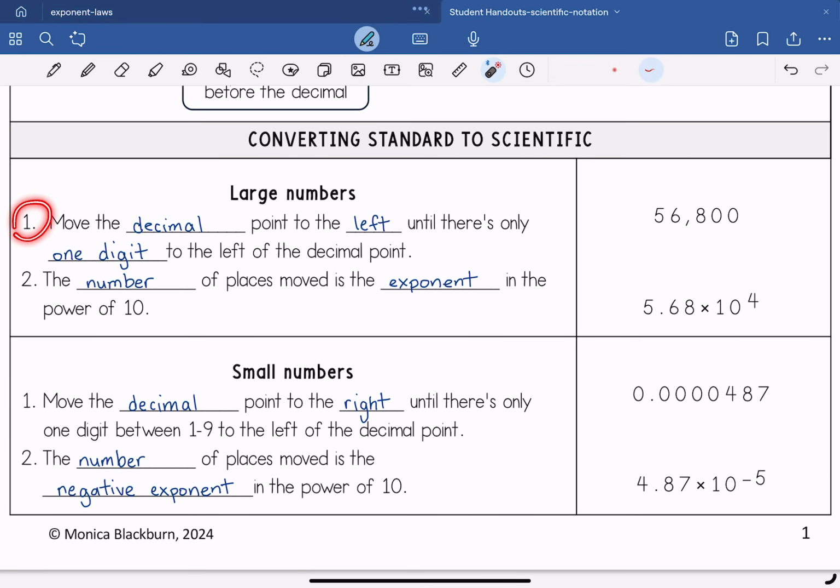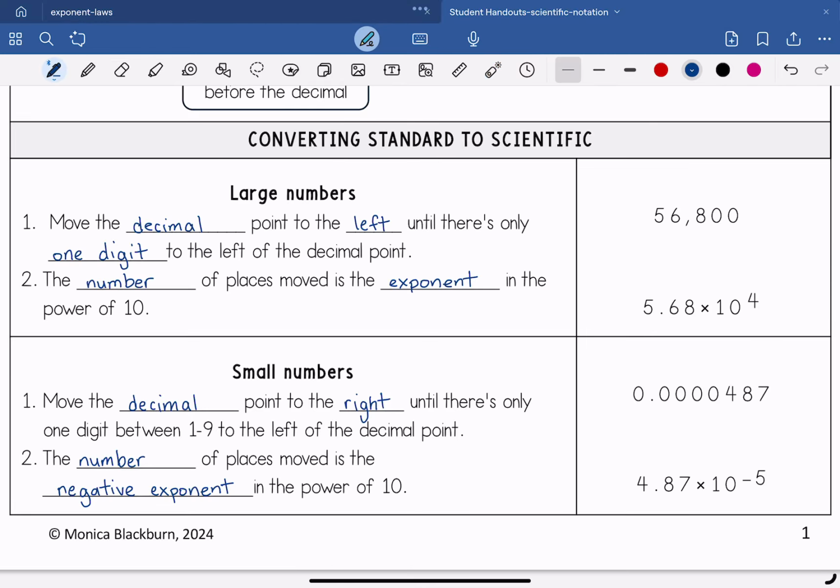Step 1, we move the decimal point to the left until there's only one digit to the left of the decimal point. If we look at the first number here to the right, we have 56,800. Technically there is a point there if we were to represent it in decimal format.